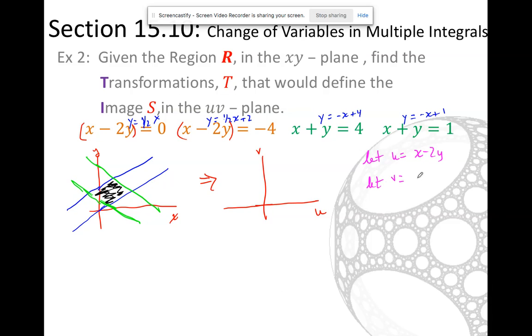Who should I let v be? So can you see that u would then be equal to 0 and u would be equal to -4? v would be equal to 4. v would be equal to 1.